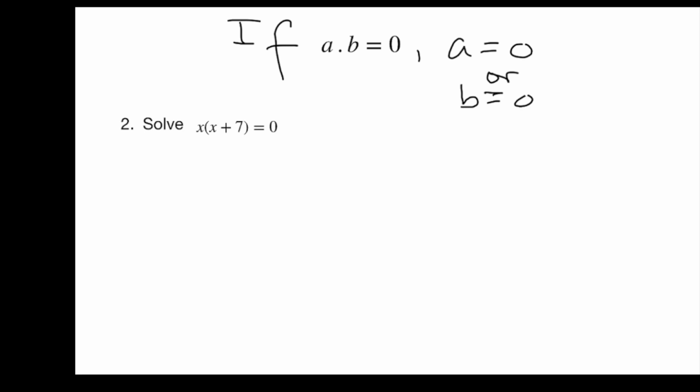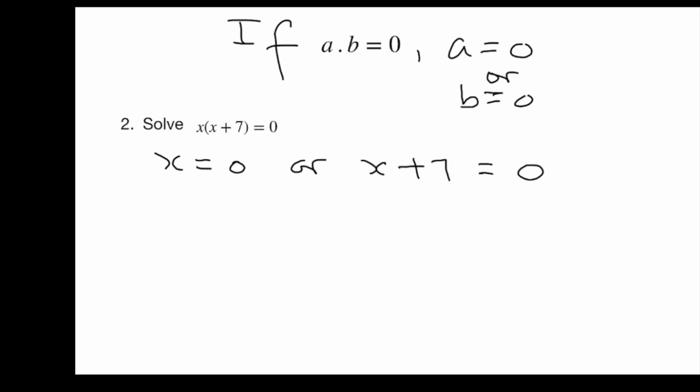In this example, we are multiplying x by x plus 7, and the answer is 0, which means one of them is 0 or both of them are 0. So it's either x is equal to 0 or x plus 7 is equal to 0. This is the only time we can get a product of 0. One of them should be equal to 0, if not both of them.